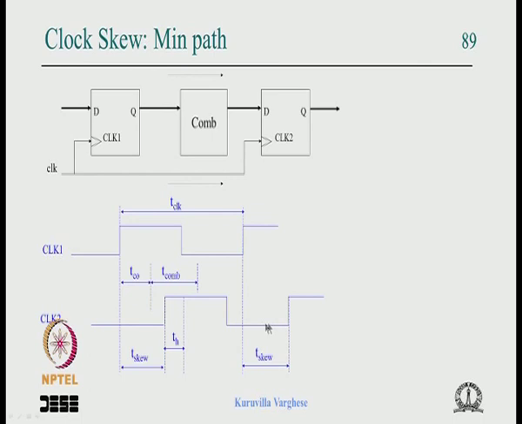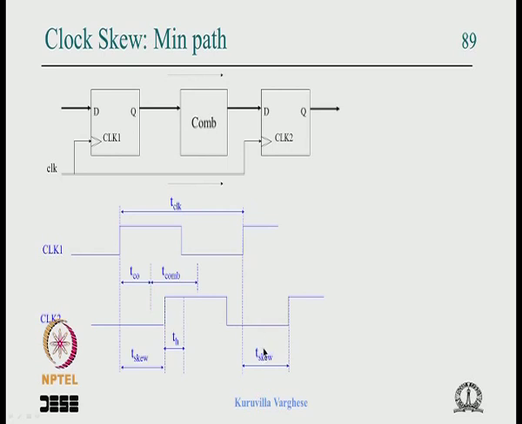So clock 2 comes later. Now we are in a better position, because if you analyze from one clock edge to the next clock edge, you have T clock plus T skew, because we are going from this edge to this edge. T clock plus T skew should be greater than TCO plus Tcom plus T setup.